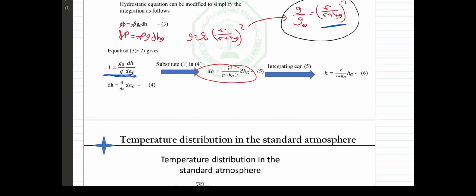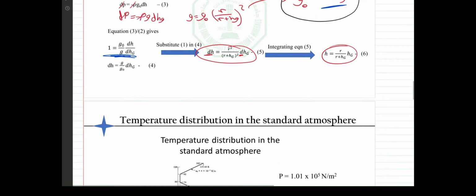And if we integrate, so we move these differentials, we will have this formula here: H equals R over R plus Hg multiplied by Hg. Okay, and that's it.